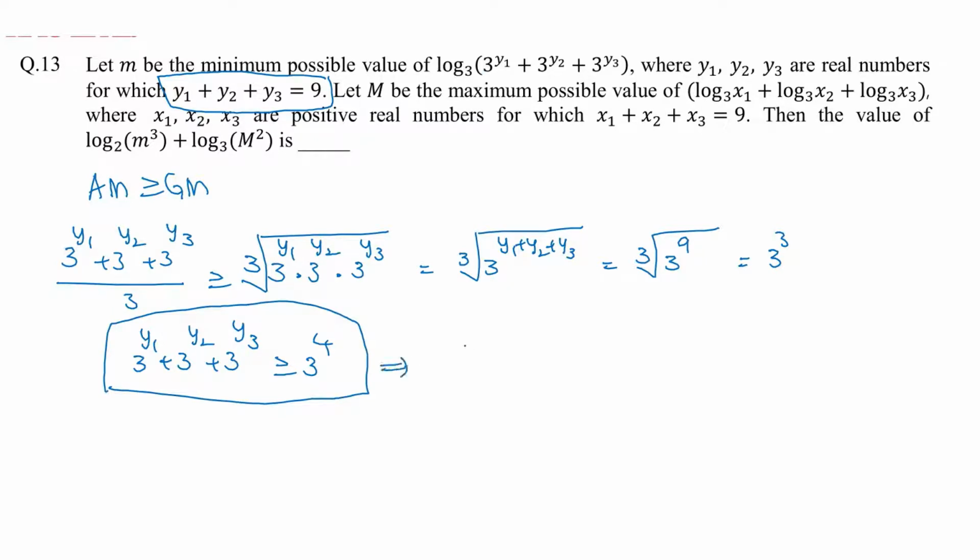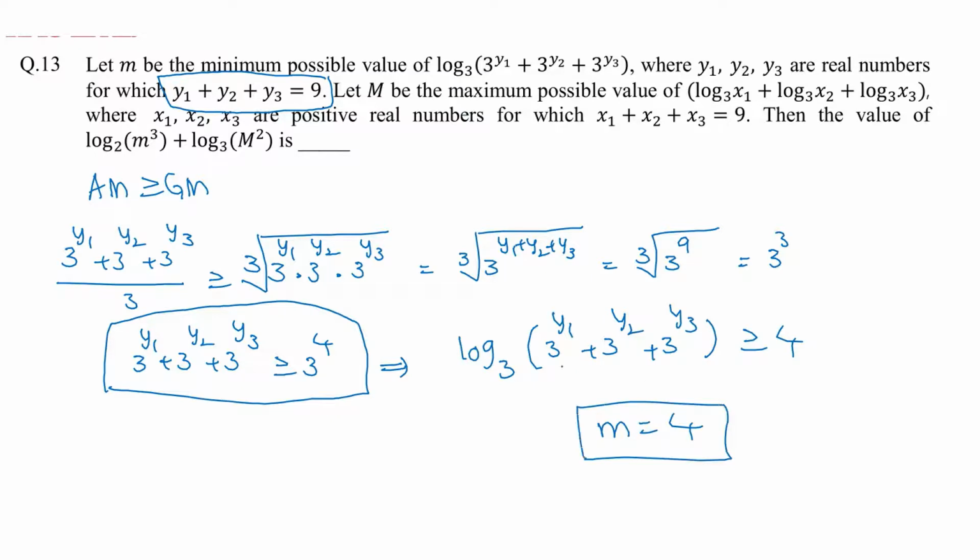If you apply the logarithm, log base 3 of (3^y1 + 3^y2 + 3^y3) is greater than or equal to 4, as we need only the minimum possible value. So we get m = 4, because this logarithm is always greater than or equal to 4.